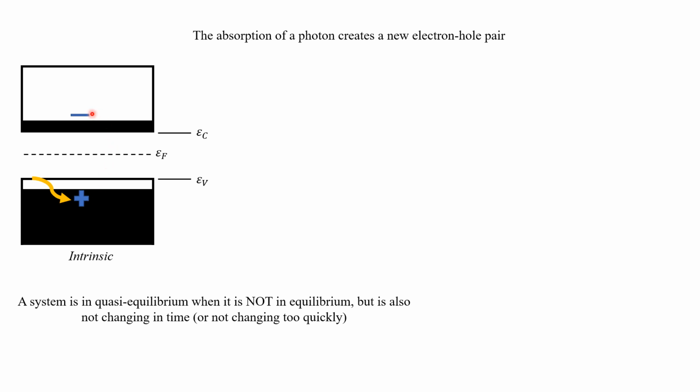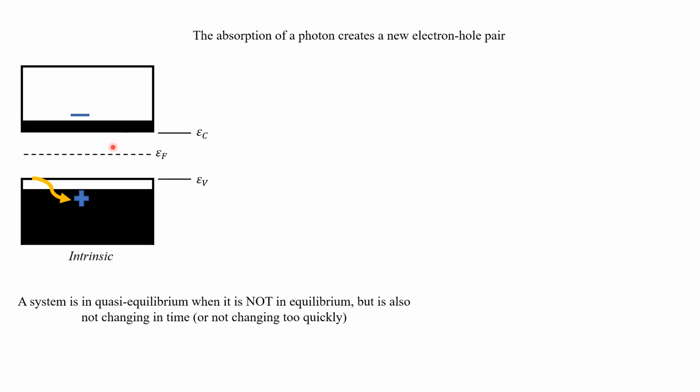So recombination describes the process whereby a free electron comes back from the conduction to the valence band, filling a hole, and thus destroying an electron-hole pair. The charges do not disappear, but the electron is no longer free, and there is no hole anymore. So we lose an electron-hole pair with the process of recombination.